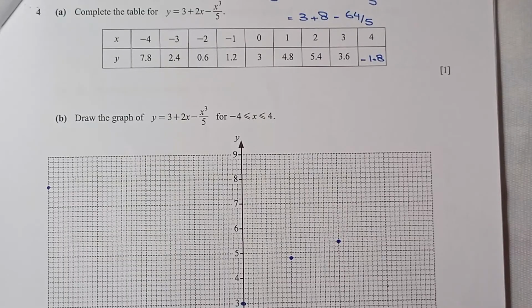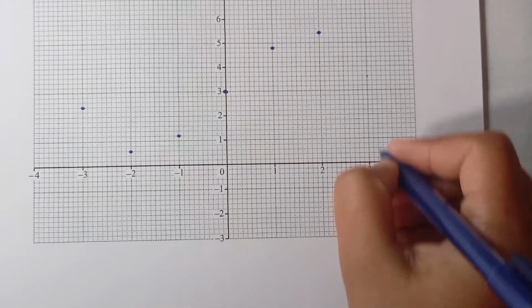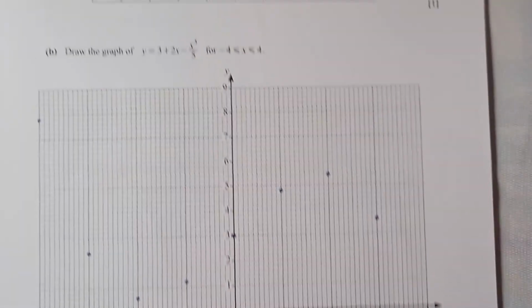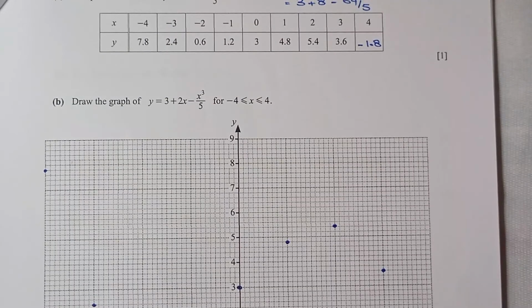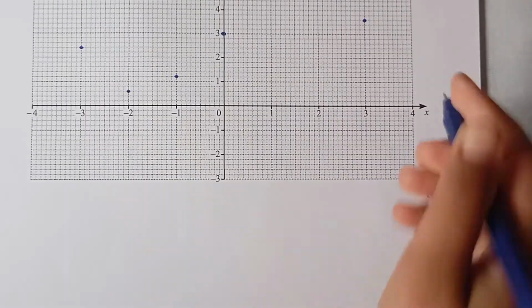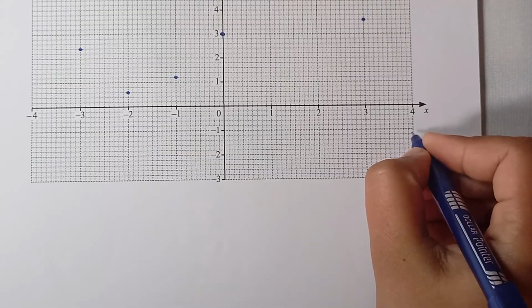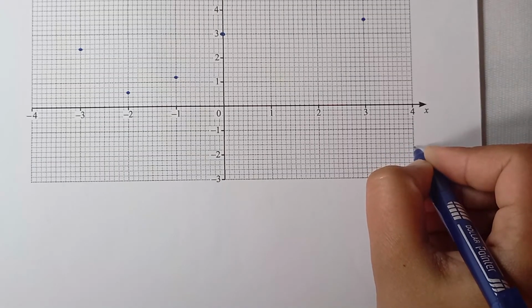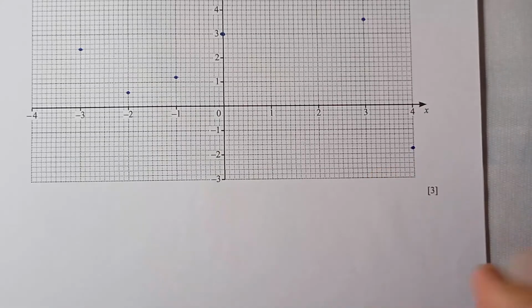For 3, we have 3.6. This point. And for the last point, when x is 4, y is negative 1.8. This point.